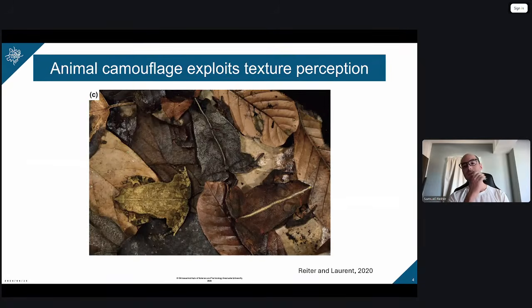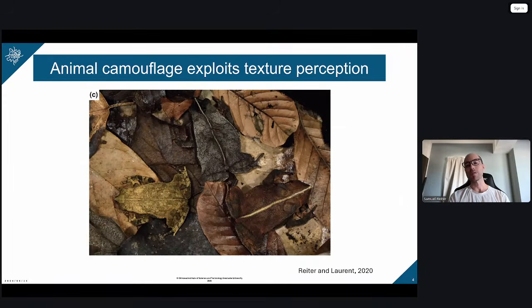Now, it seems that visual texture perception is not only present in humans, but also, I think, explains why animal camouflage exists. So take a look at these 3 toads. They're leaf litter toads from Panama. They don't look like leaves in terms of pixel by pixel exactly matching a leaf.